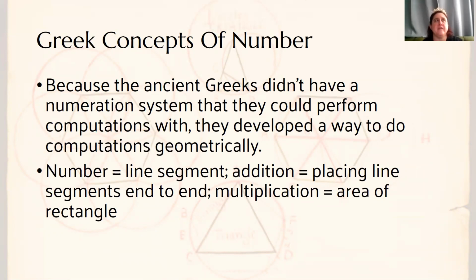Instead of a number that they would add to another number, they would think of it as like a line segment, and they're placing it next to another line segment. For multiplication, that would be an area. They were calculating areas when they calculated multiplications. And so they had this whole system whereby they could do a geometric construction, and that was a proof of an algebraic equation. That was like the solution to an equation.